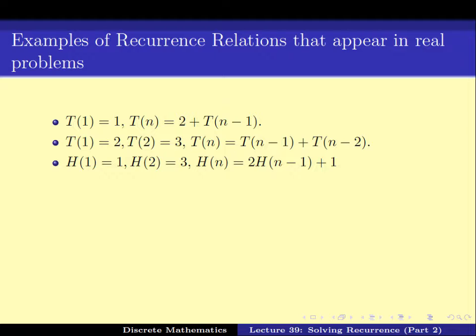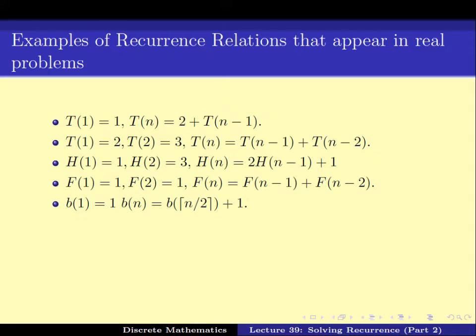Or this is the one that came from the Tower of Hanoi problem: h1 equals 1, h2 equals 3, and hn equals 2 times hn minus 1 plus 1. Or this is the one that comes from the Fibonacci sequence: f1 equals 1, f2 equals 1, and fn equals fn minus 1 plus fn minus 2.